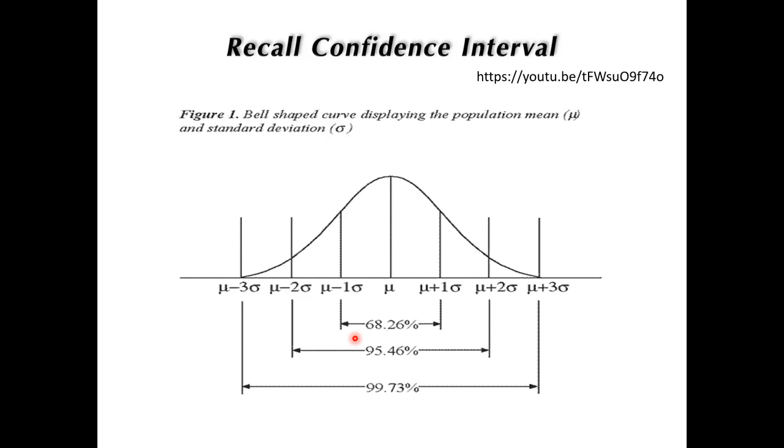The first statement says that 68.26% of your total observations will lie within plus minus one standard deviation of the mean value. 95.46% of total observations will lie within 2 standard deviations, and finally 99.73% of your total observations will lie within 3 standard deviations of the mean value.